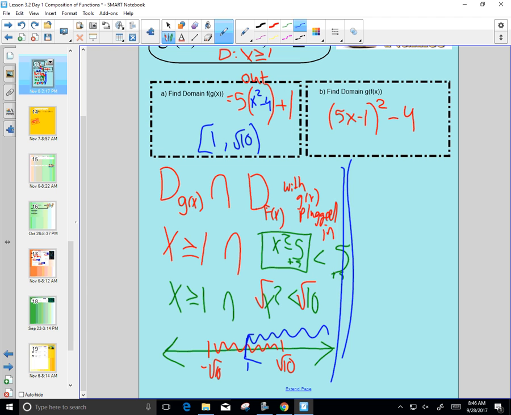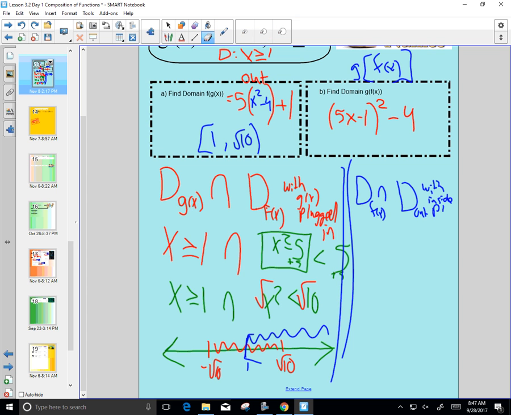Let's try this next one. G of f of x. So what we're going to do is we're going to take the domain of the inside, which is f of x. We're going to intersect it with the domain of the outside with the inside plugged in. I'm going to say g of x plugged in.